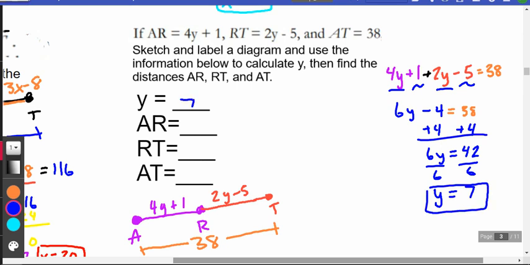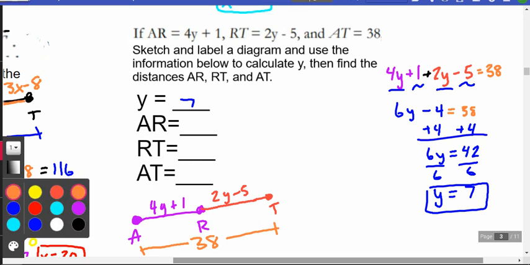Okay, let's calculate the segment length of AR. So AR equals 4 times 7 plus 1. 4 times 7 is 28, plus 1 is 29, so 29 units.